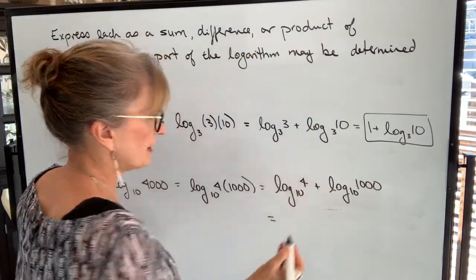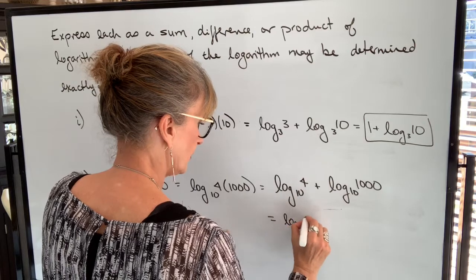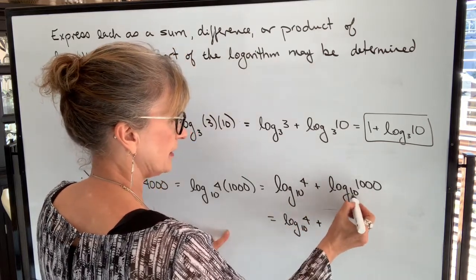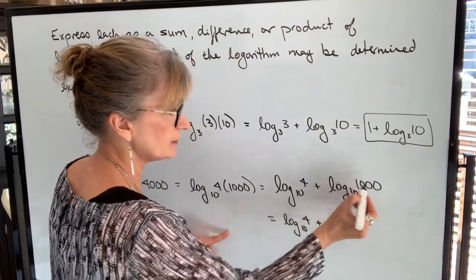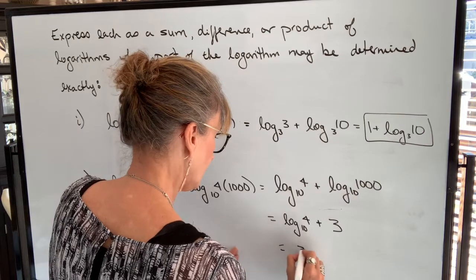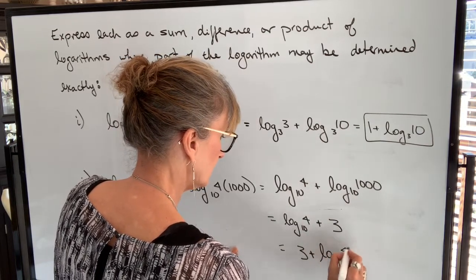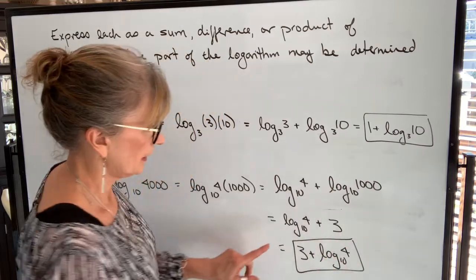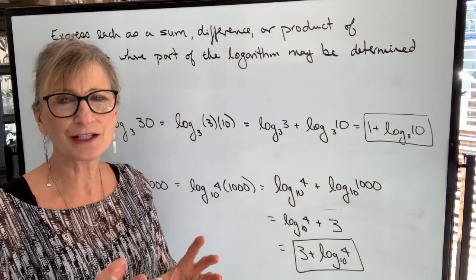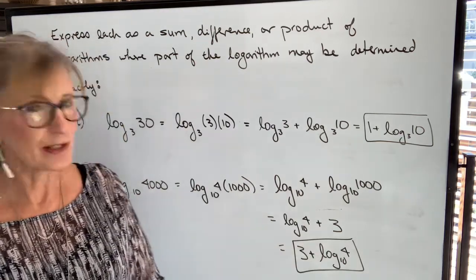The log of 4 base 10, we're just going to simply leave it as log of 4 base 10. And then the log of 1,000 base 10, what must 10 be raised to equal 1,000? The answer is 3. And I prefer to write this as 3 plus the log of 4. Otherwise, people might be tempted to add the 4 plus 3. So we want to avoid any kind of confusion there. So that's how I'd express my answers.